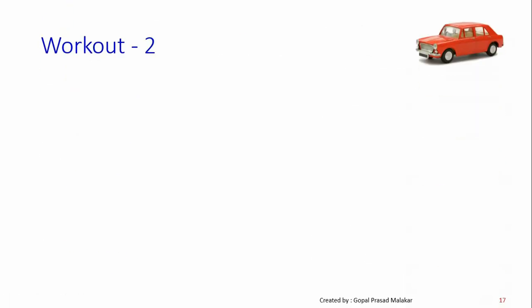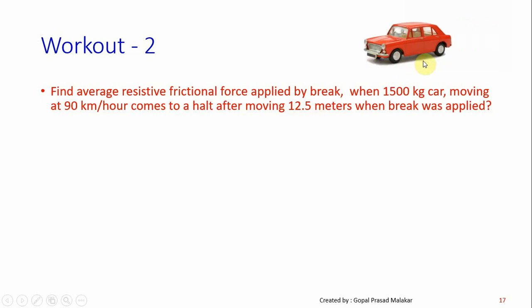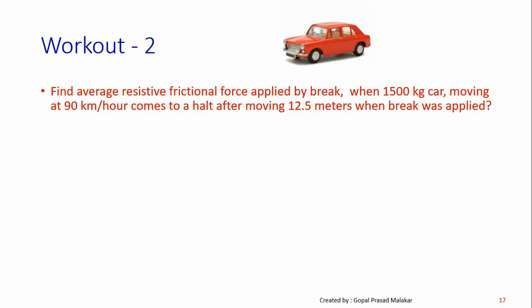Let's do one more workout. Here is a car moving with a speed of 90 km per hour, which comes to a halt when you apply the brake after moving 12.5 meters. The weight of the car is 1500 kg. The question is, what is the average resistive frictional force applied when you put the brake?